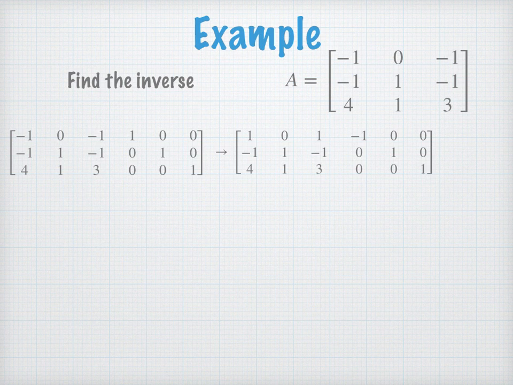So what do I add to make negative 1 0? Well, I would add 1. So I'm going to use 1 times my row 1 and then add that to row 2. So my row 2 is what changes. And I will now have a row 2 of 0, 1, 0, negative 1, 1, 0. My first row and my third row have remained the same.